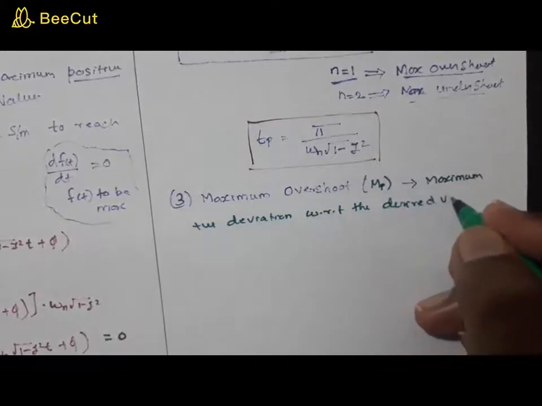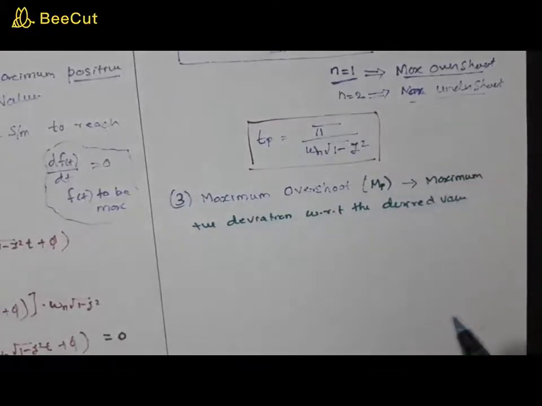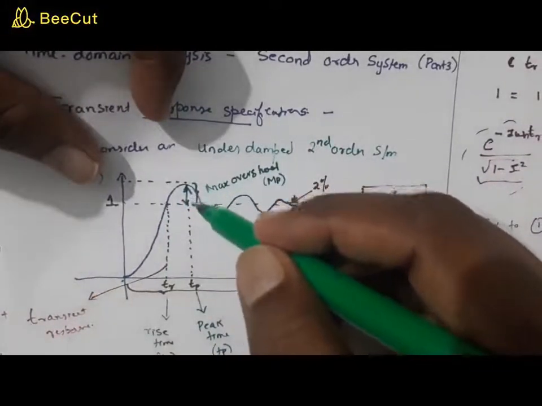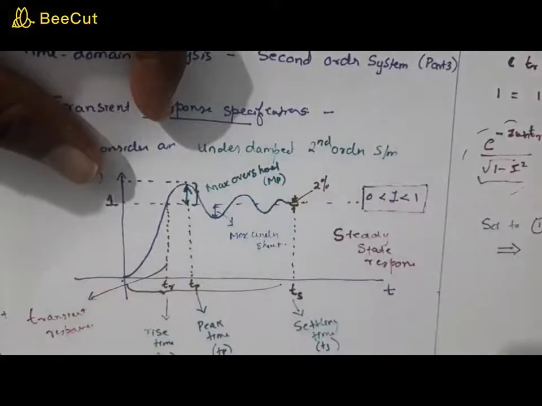As in this figure, it is self-explanatory. So this is the desired value and this is the maximum positive deviation, and that's called maximum overshoot.